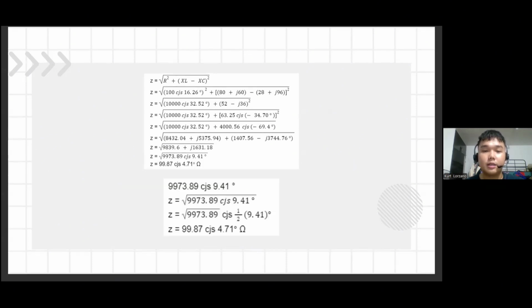Now that we have our answer, we need to remove the square root from the equation. To do this, we take the square root of the modulus and multiply the argument by 1/2. In doing this, we have 99.87 for the modulus and 4.71 degrees for the argument. So our impedance is 99.87 cis 4.71 degrees ohms.